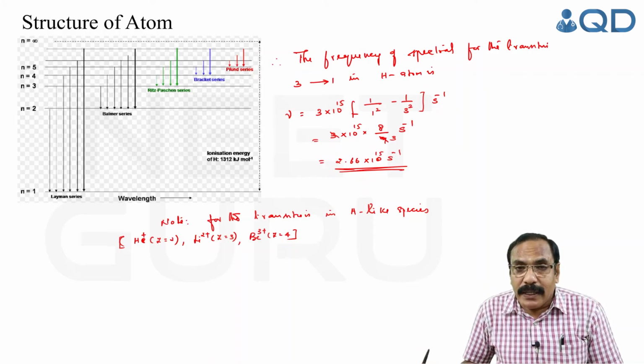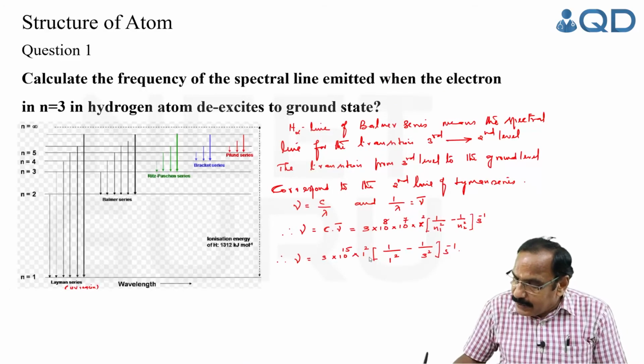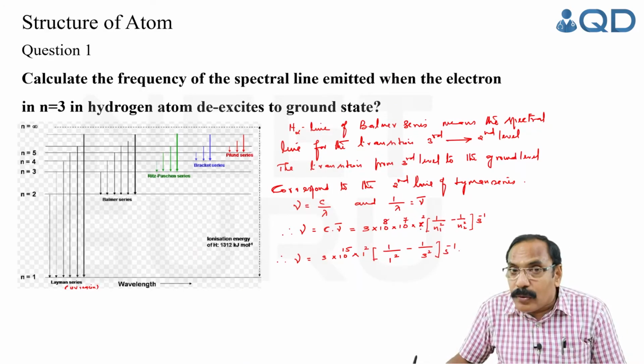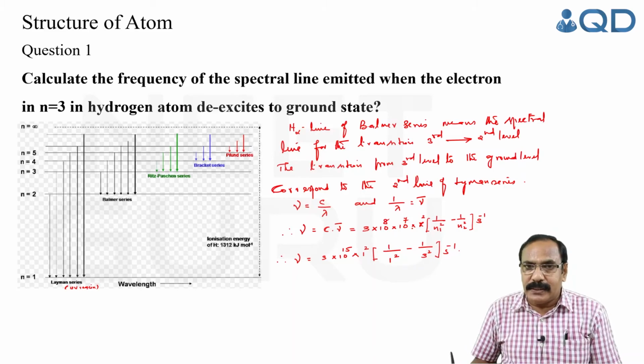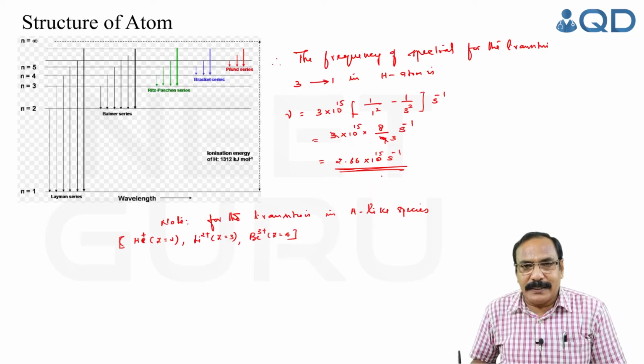That's why whenever we write the Rydberg equation, we write Z square. We write the Z square to include the atomic number of the species. Thus, you have the frequency like this.